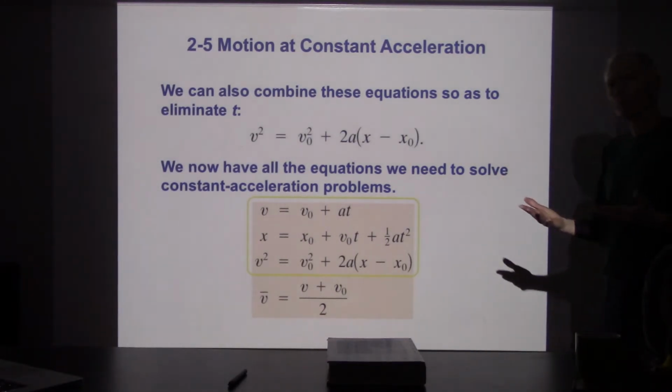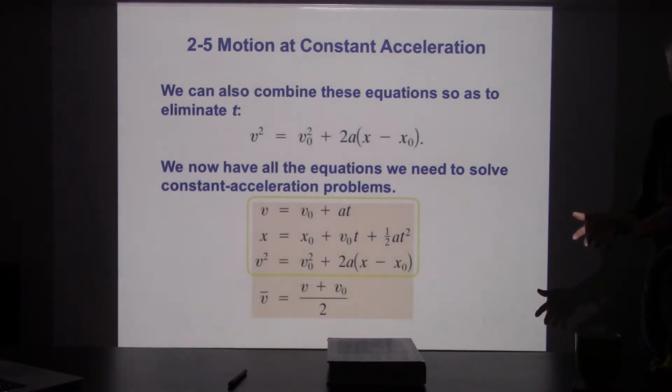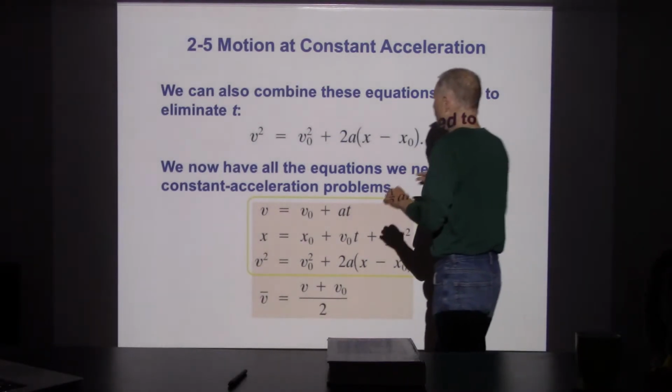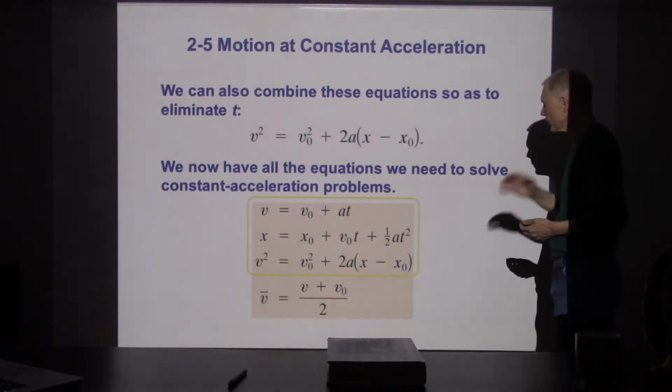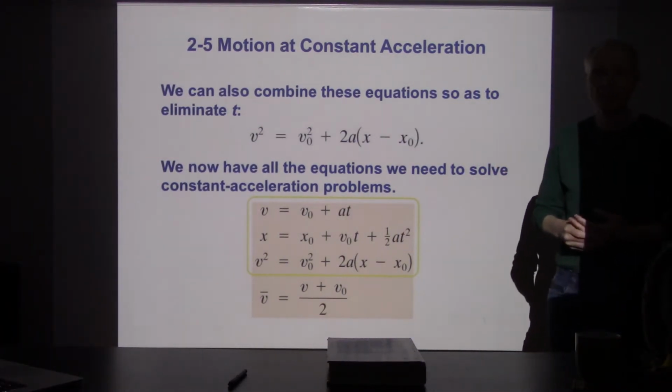But more important, and you should at some point check the algebra, but even more important is learning to make use of these formulas that we have now derived. So these are what are called the constant acceleration kinematic formulas, and we're just going to use these a lot.